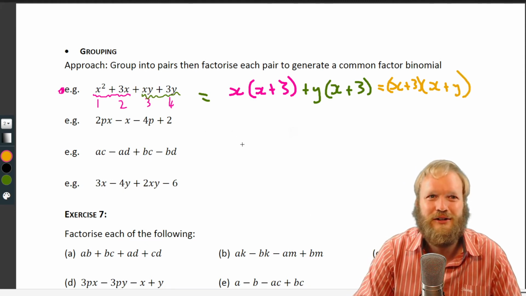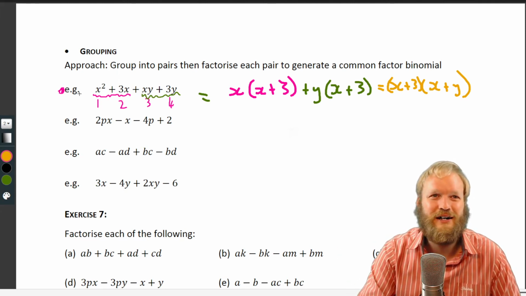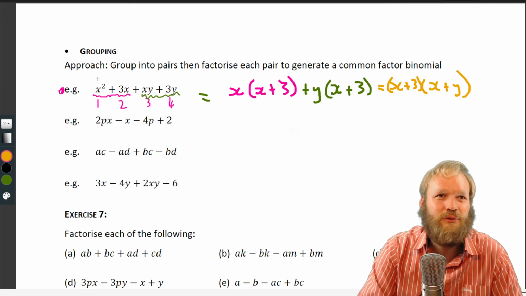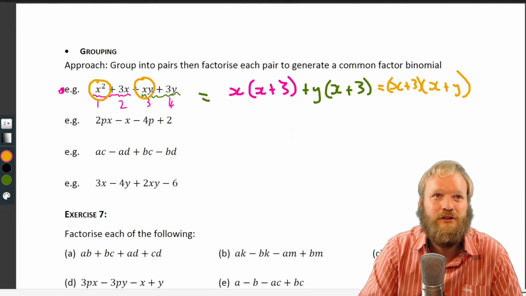Now, here's a little hint: sometimes it's going to work nicely to break it up like 1 and 2, 3 and 4. Sometimes you're really going to have to do it differently, and sometimes it doesn't matter. Imagine in this one, we took this bit and this bit, and there's an x common to both of those.